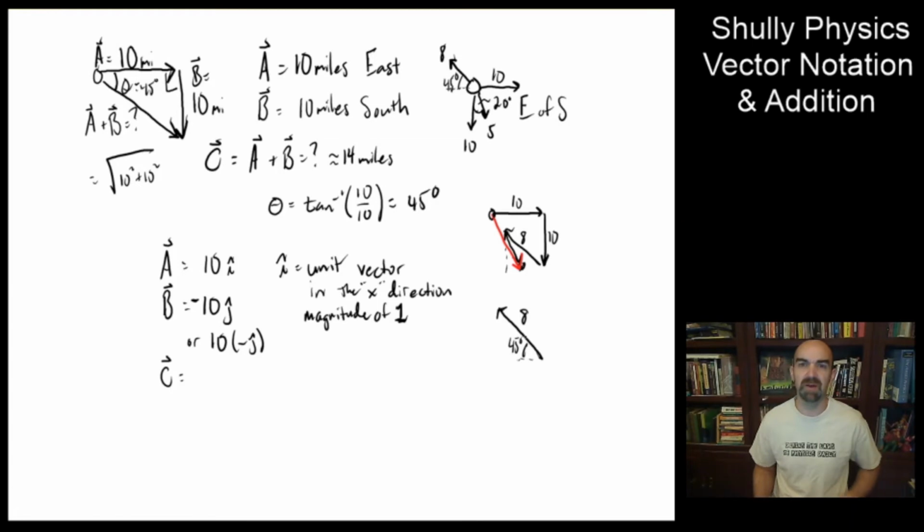So what we're going to do is find the components, the i and the j components of this new vector C. We do that by extending a horizontal line over. This will represent the horizontal component, and from there extend a line up. Think of it like in your head, the beginnings of an axis.